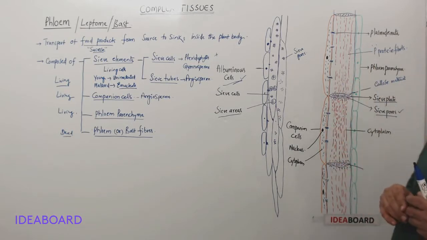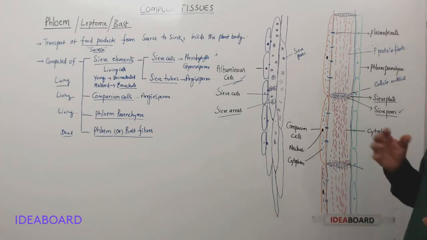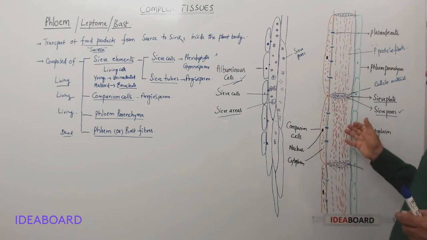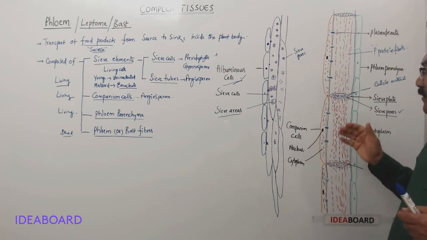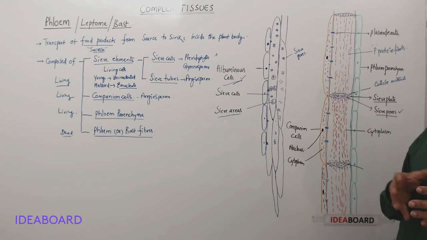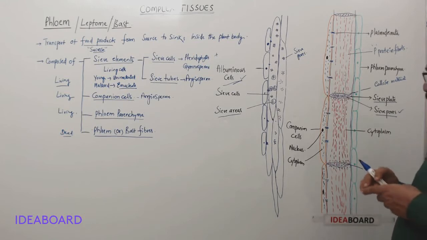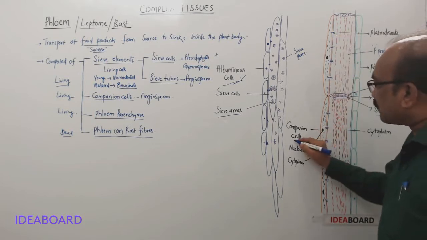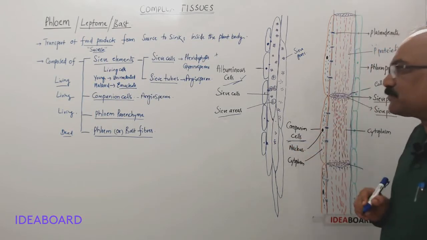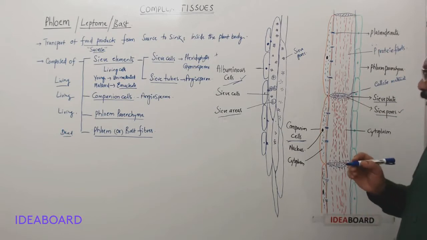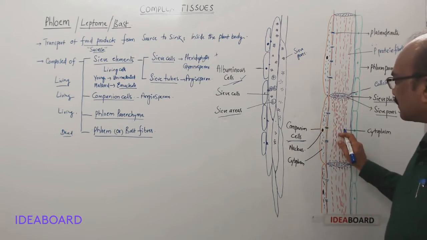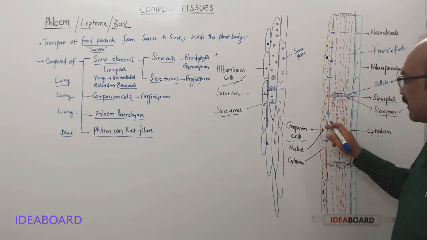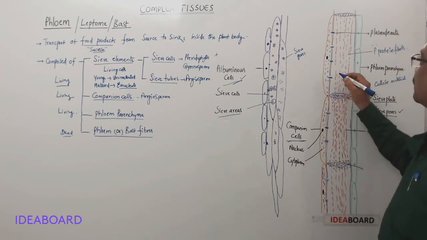But as I told you already, these cells, when they are young, will contain a nucleus, and whenever they are matured, they become enucleate. So who will control the metabolic activities? For that, you will find some cells associated with it, which are called companion cells. Companion cells are always associated with sieve tube cells, arranged by the side of these cells, and connected through plasmodesmata.